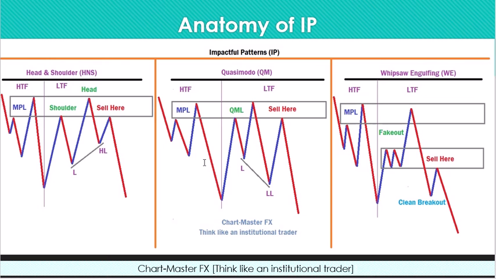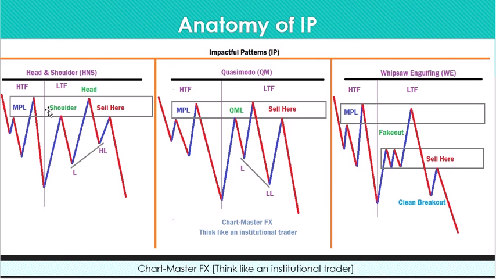So guys, as you can see here, this HTF represents a higher time frame. I have said in the conditions of the impactful pattern that there should be a higher time frame and a lower time frame. So let's say you have decided to trade these impactful patterns alone. What you do is go to a higher time frame. Let's say you are on M30. Remember, M30 is our highest time frame in this scenario.